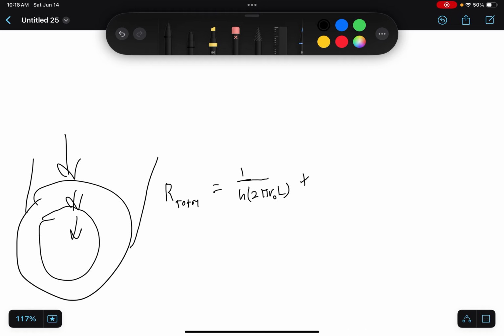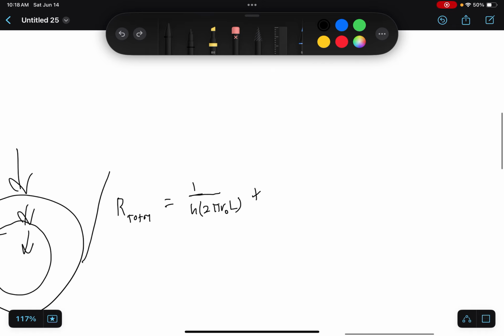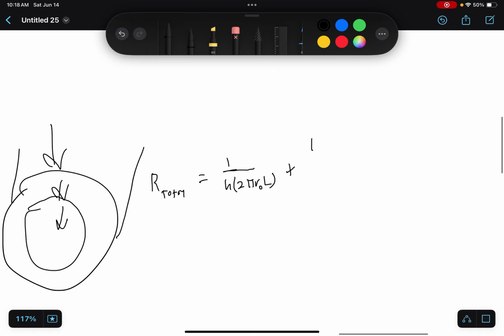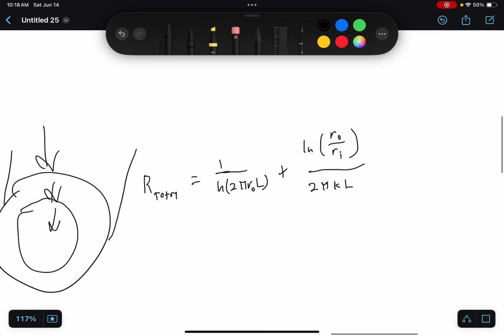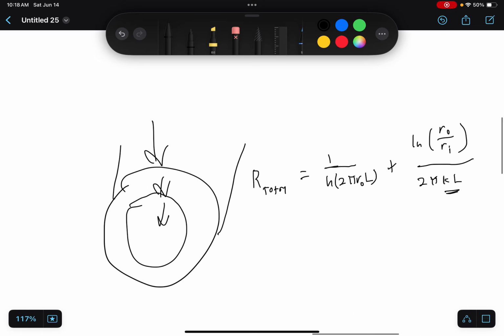Plus this conduction. What's the equation for that? It is natural log R outer over R inner over 2 pi KL. We know what this K and the L are.